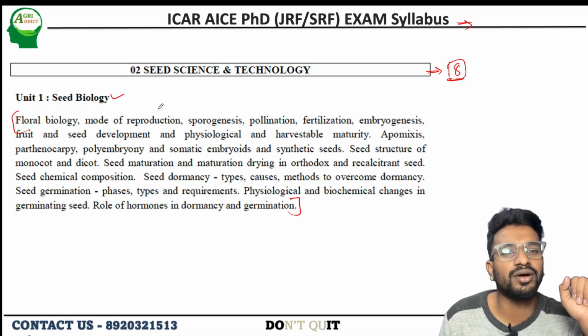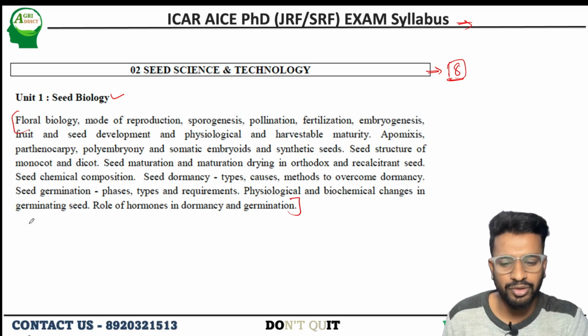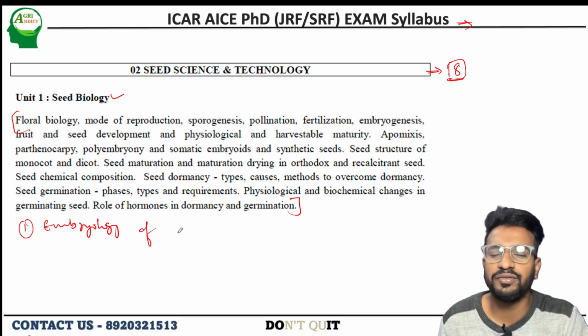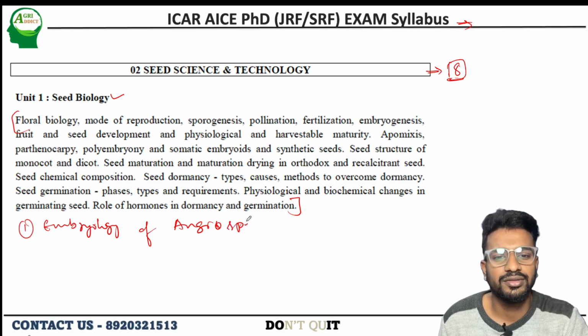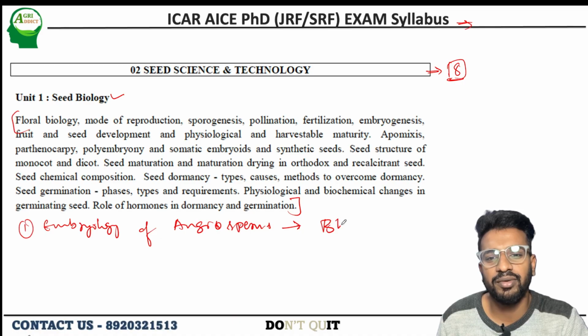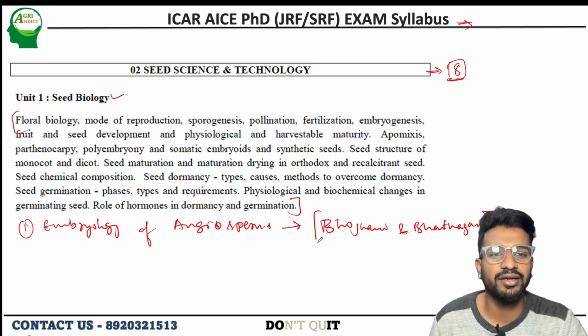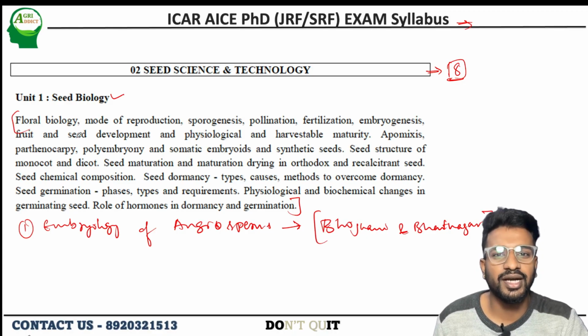But if you talk about the standard books, there is one book called Embryology of Angiosperms by Bhojwani and Bhatnagar. I will be giving the links of all the books in the description, so you need not worry about it. This is one book that you can read to cover the different topics under seed biology.